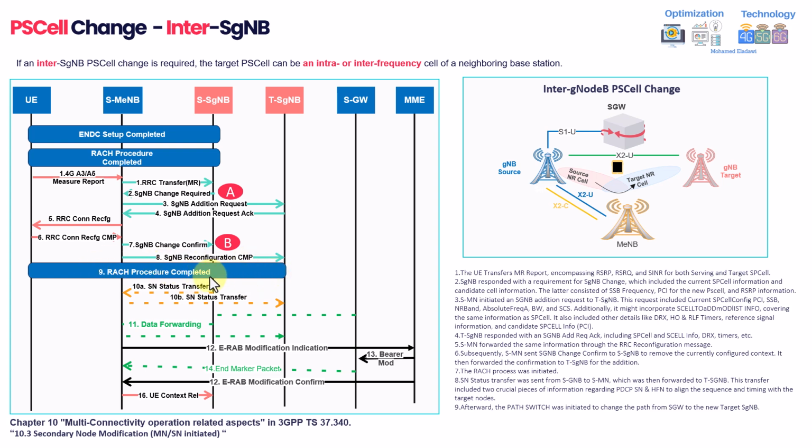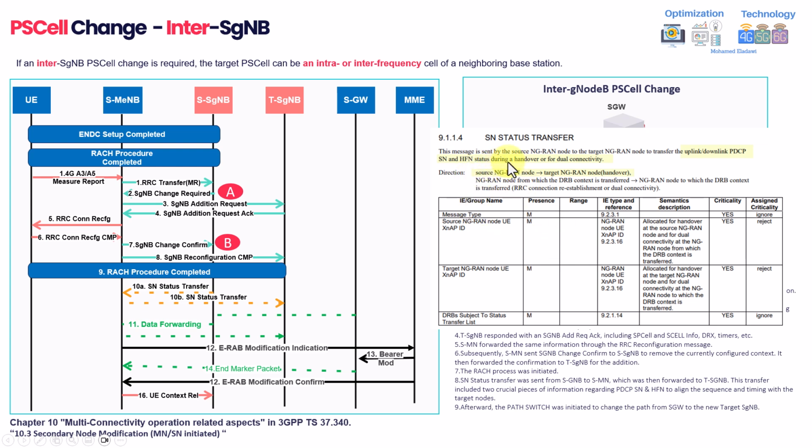And once the RACH process is completed, we move to this particular part, where the old serving 5G node forwards something called SN status transfer. What does this SN status transfer refer to? In general, this message is sent from the source 5G node to the target NG-RAN, to transfer information related to uplink, downlink, PDCP SN, and something called HFN status during handover or dual connectivity.